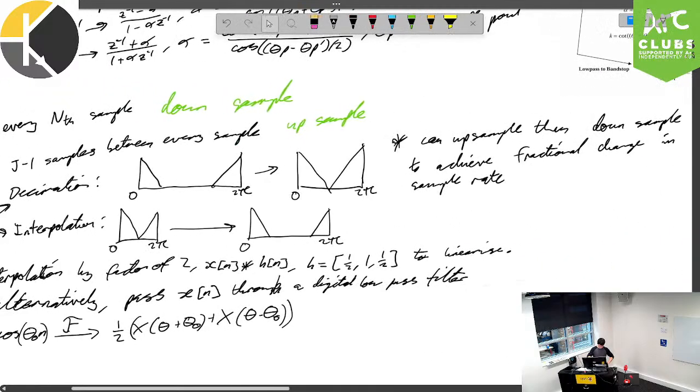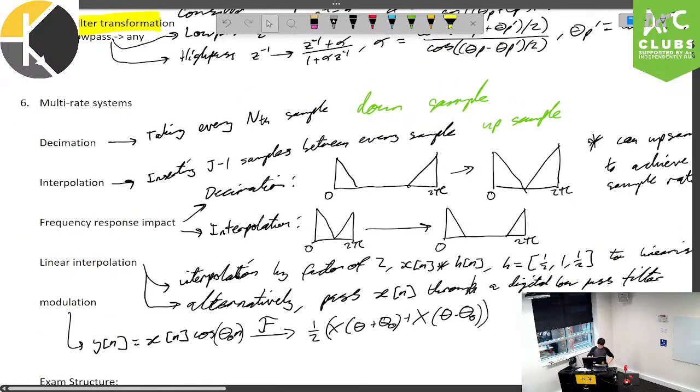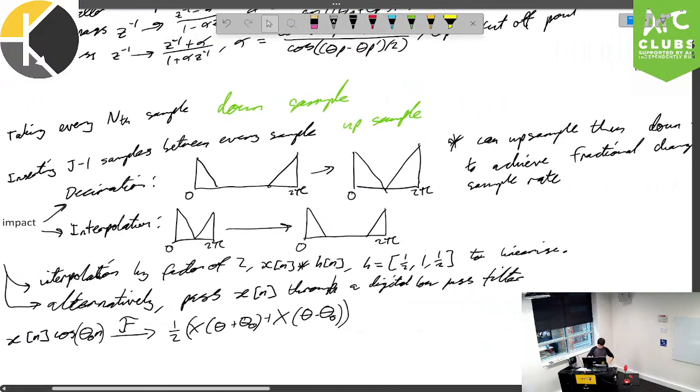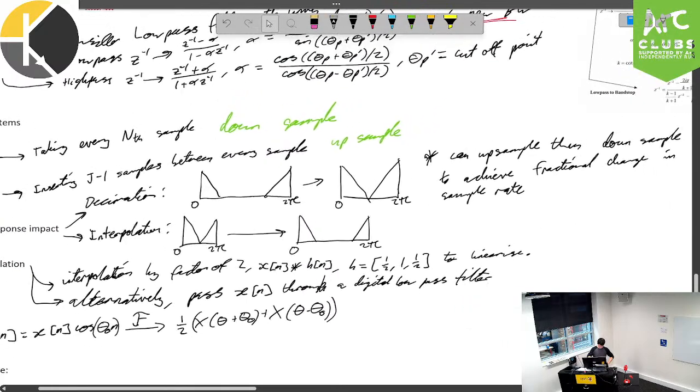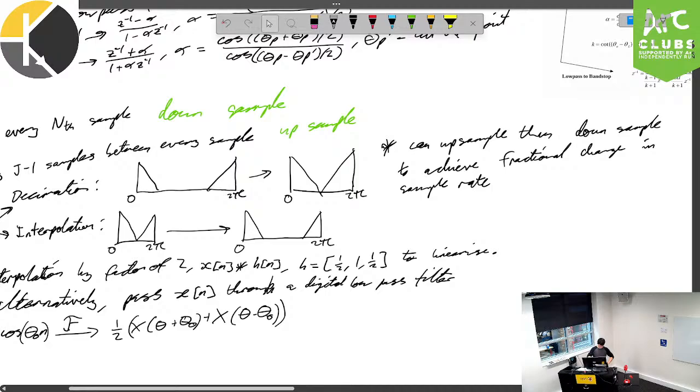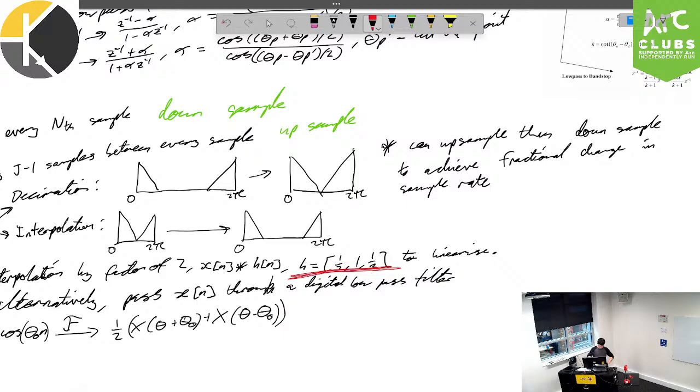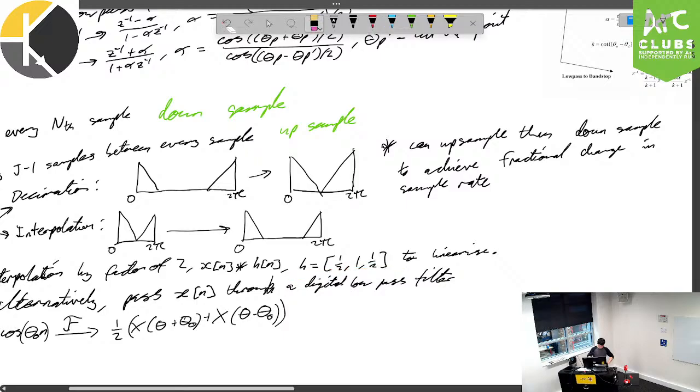One such example is given by the linear interpolation model, where we interpolate by a factor of 2. And so we just multiply our new upsampled sample by, we convolve it with this manner of signal, okay?